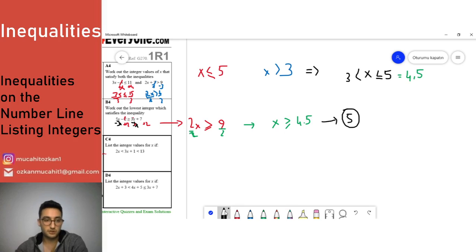Let's do questions. C4, list the integer values for x. Now this is a bit tricky question, as usually what I do is I just apply the same thing on 3 sides. Like if you subtract 1, we just subtract 1 from all sides.